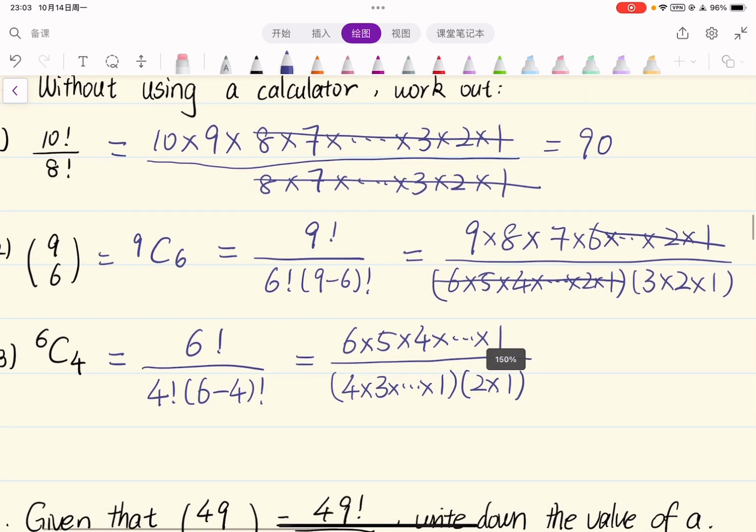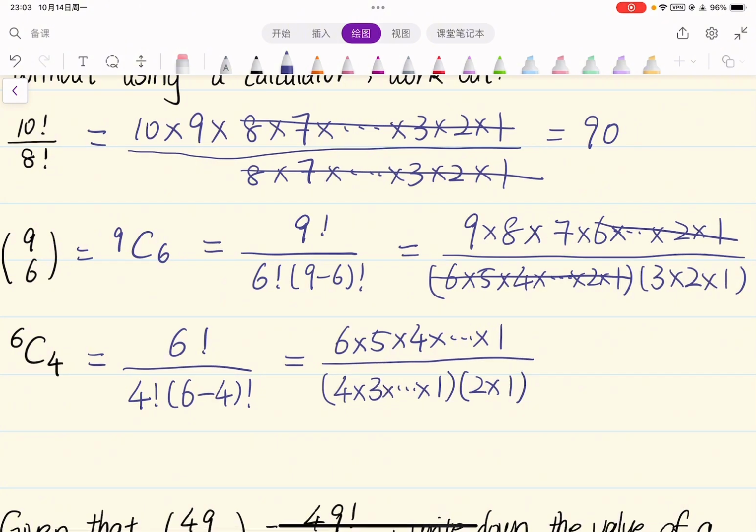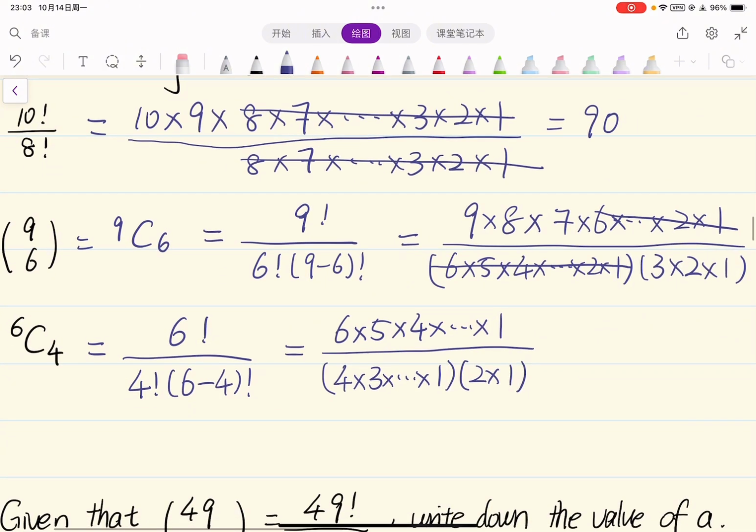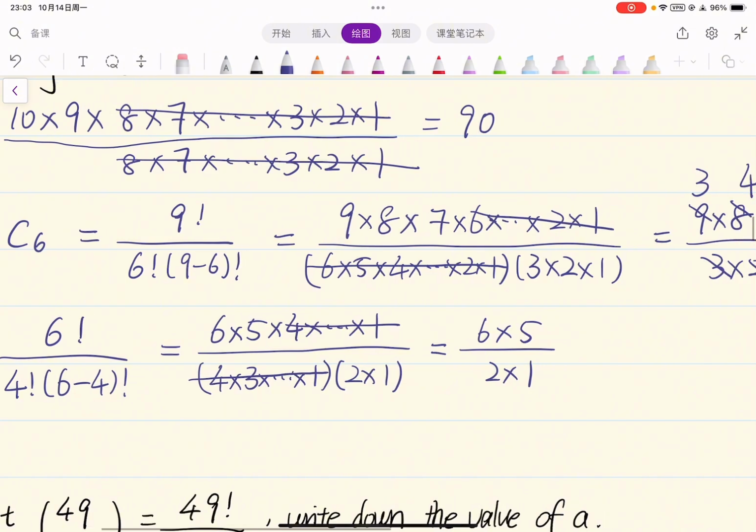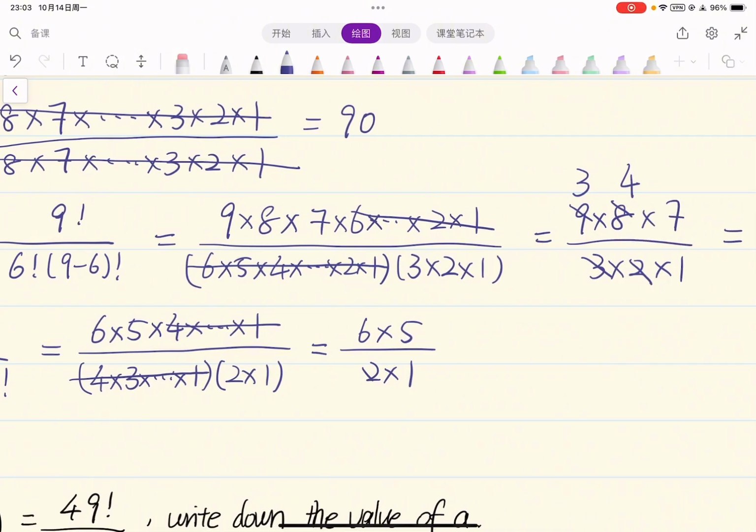We can see the repeated part is 4 times down to 1, so we can cancel them. What we are left with is 6 times 5 over 2 times 1, and simplifying it, we have 15.